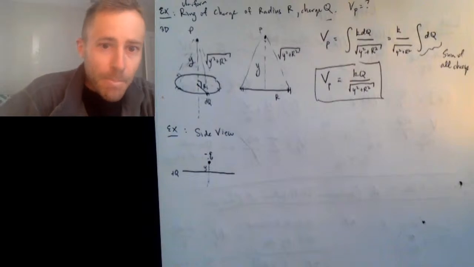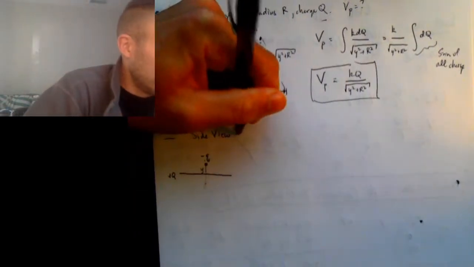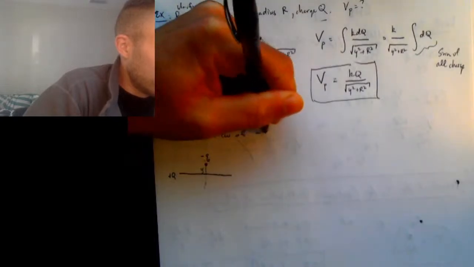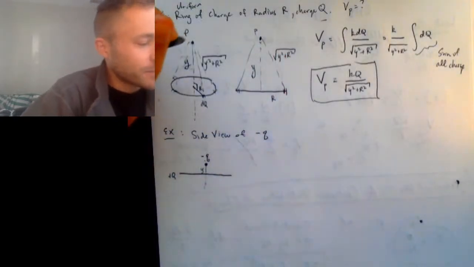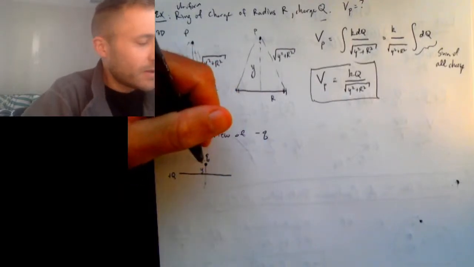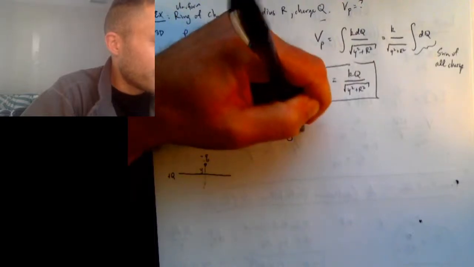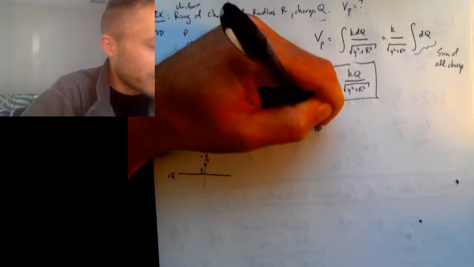So it's a side view of a charge negative little q at location y on the axis of the ring.